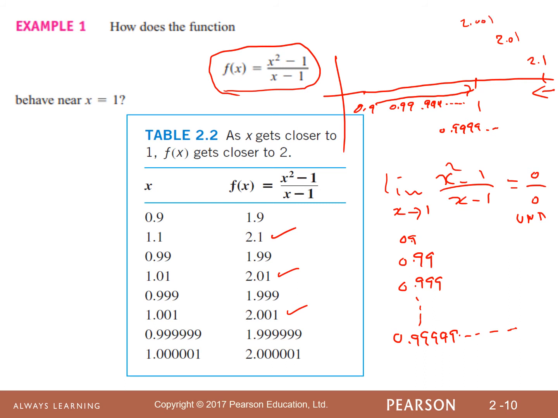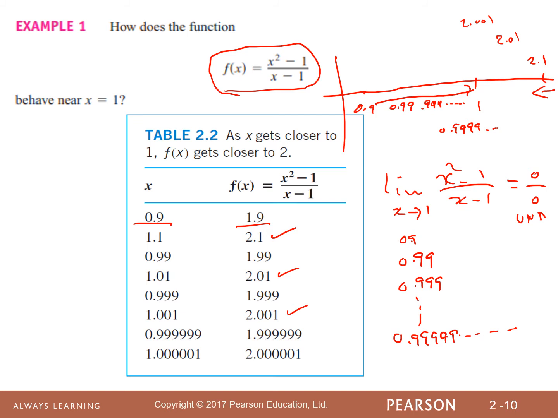In fact, if you do the math, you will find that 0.9 squared is equal to 0.81. What does that mean? That means when x is equal to 0.9, y is equal to what?